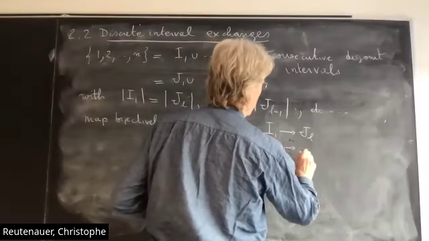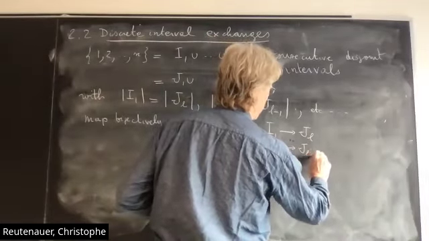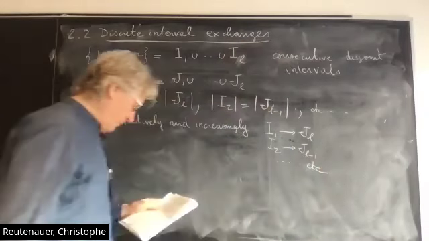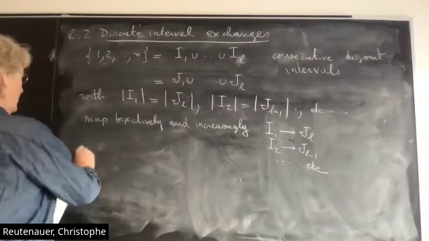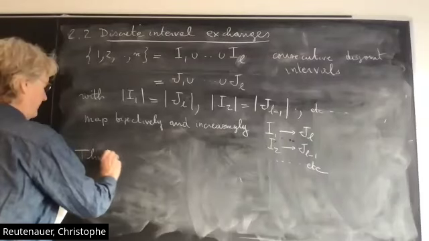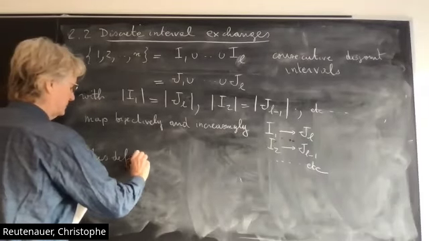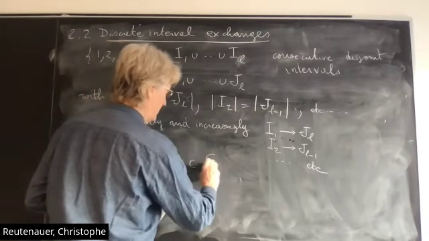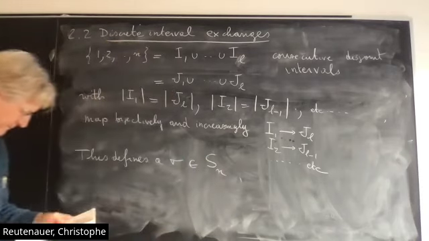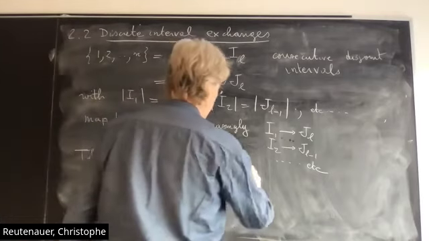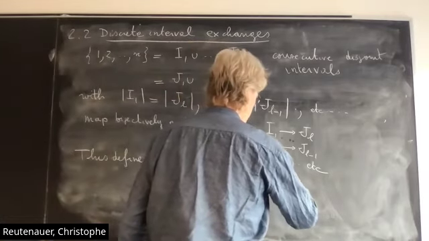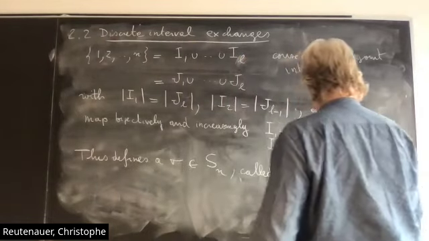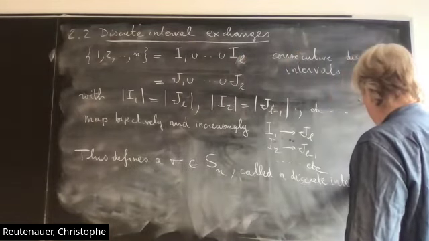I2 goes to J_{L-1} and so on. This gives a permutation. This defines a permutation of S_n in S_n, and this is called a discrete interval exchange.